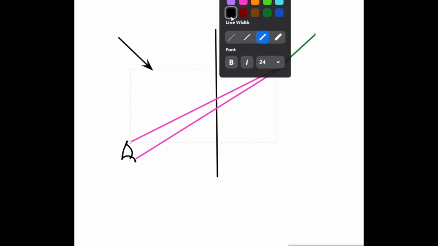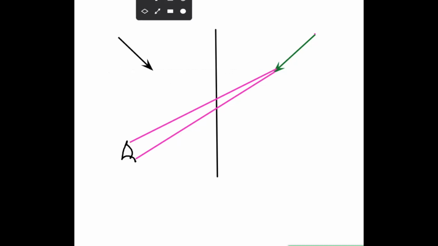Do you see what we have done? I'm going to draw the dotted line afterwards, but what I have tried to do is ensure that the lower part of the arrow is visible to the whole eye. So one light ray has to be received at the top end and one light ray at the bottom end. That is what we mean by two light rays per object or per side, right?